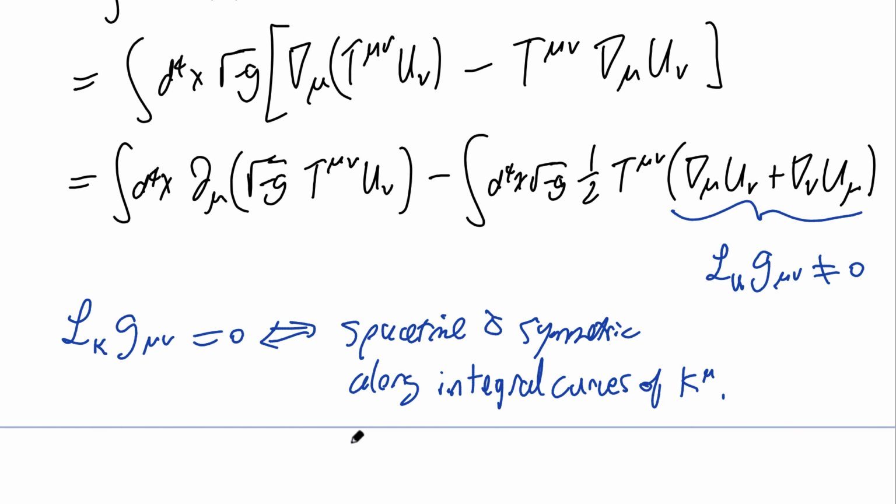And we refer to k as a Killing vector field. So we can think of the Lie derivative of the metric along a vector field as a measure of how much the spacetime changes as we move along the integral curves of that vector field.